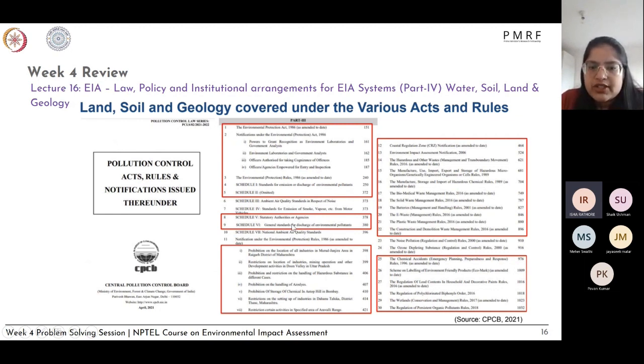Then it talks about agencies and authorities and environment pollutants in general. It talks about certain areas, case study areas, and the issues which were faced in those areas. It talks about the coastal regulation zone and EIA in general. So you can have a look at this for a deeper understanding of the topic.